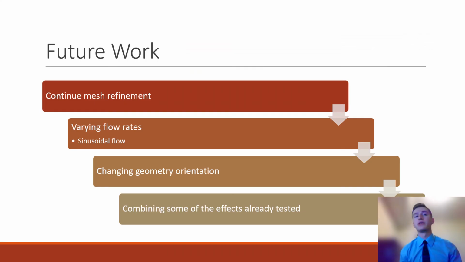So to build upon the work that has already been completed on this simulation, the next step is to continue mesh refinement by using a fourth mesh refinement and seeing if that is the cutoff at which the results don't change a significant amount.